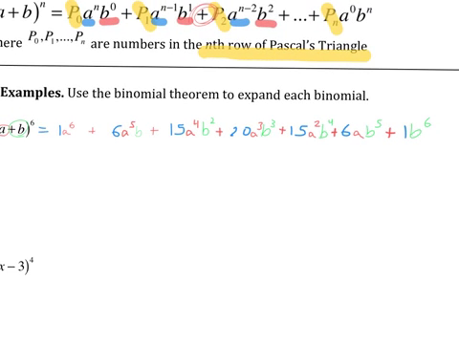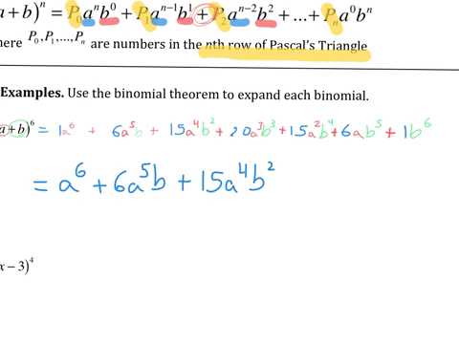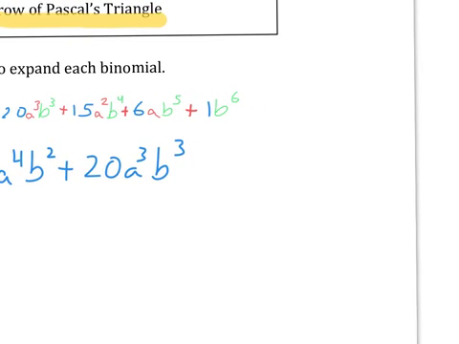And it turns out the very first term and the very last term can be simplified because I don't need to write the 1. So let me just go ahead and simplify. a to the 6 plus 6a^5b plus 15a^4b^2 plus 20a^3b^3 plus 15a^2b^4 plus 6ab^5 plus b to the 6th power.